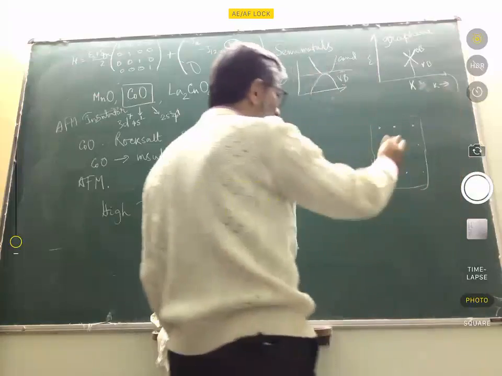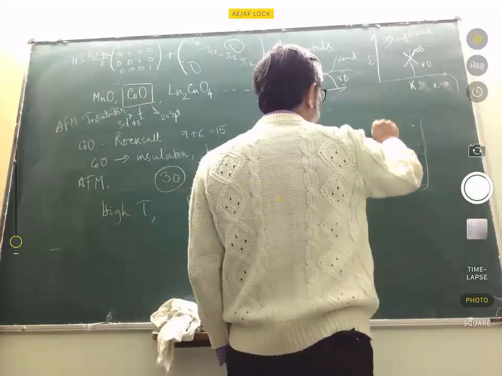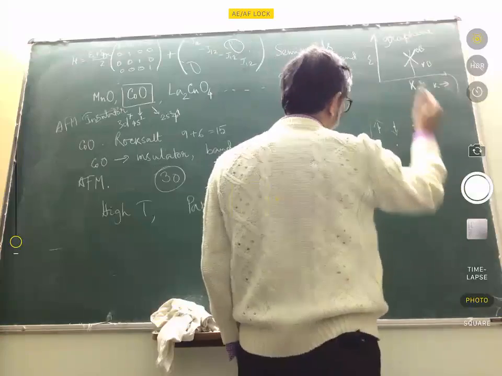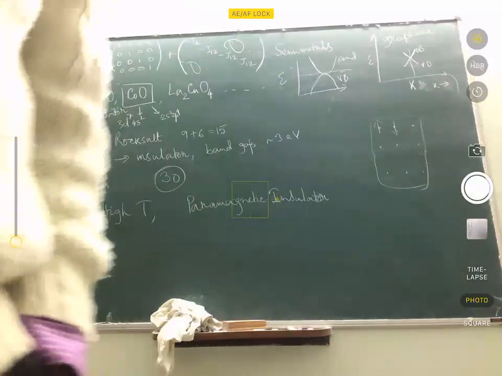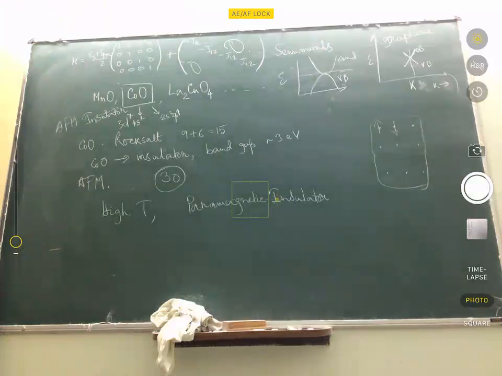So it's a schematic. So alternate spins are up and down in some way. And there could be several types of antiferromagnetic ordering, but let's not worry about that. But in an antiferromagnet, if I go to a site which has a majority up spin, then at least one of its neighbors would have majority down spin.